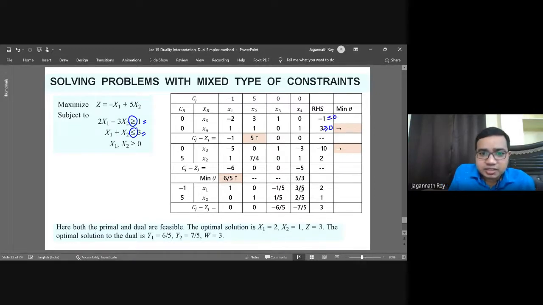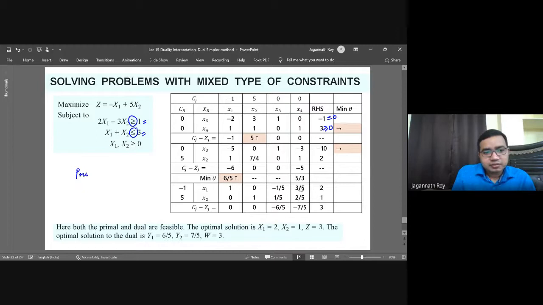But this is related to the primal simplex, where the Cj minus Zj are greater than 0. So this will enter. Also, since a negative is there, we can apply the dual simplex here also. Now that we have learned primal simplex and dual simplex, we can apply both of them.